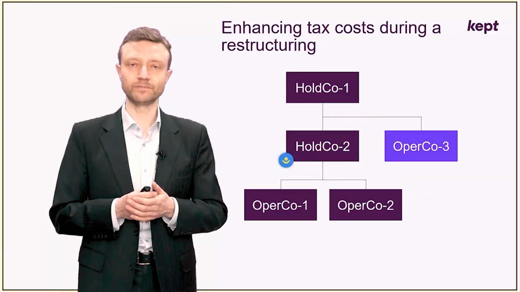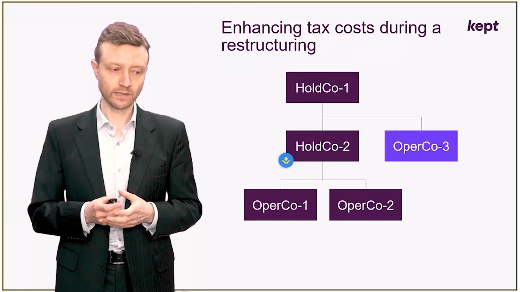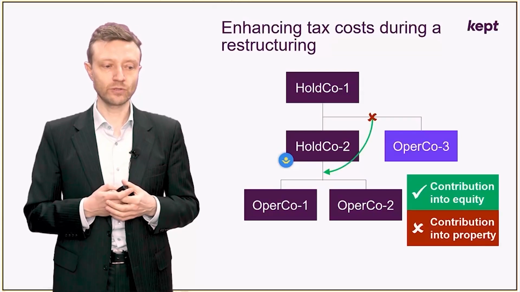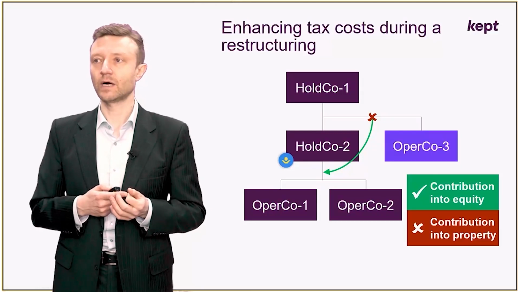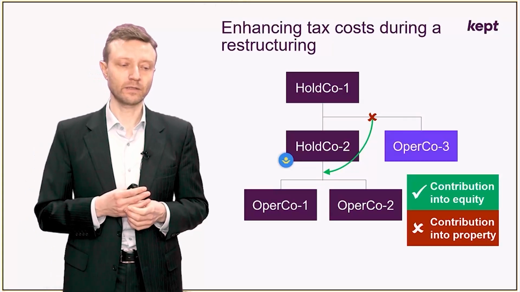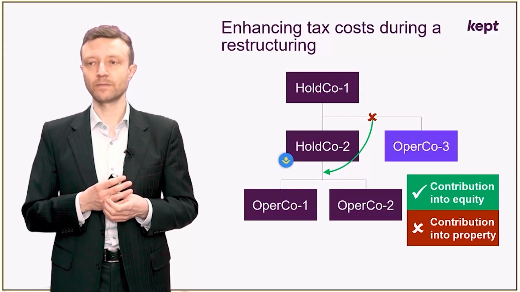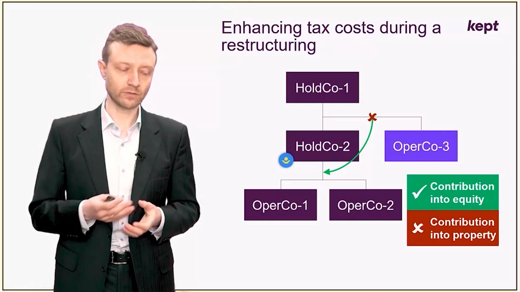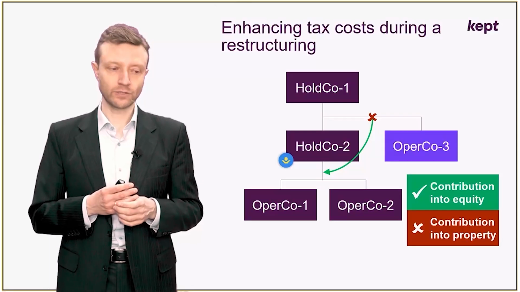into equity. In Kazakhstan, if holding company 2 was in Kazakhstan, and this is the second example, then contribution into equity is also a preferred mechanism because, although unlike in Russia, contribution into property doesn't lead to losing the cost basis of the asset, unfortunately such contributions are not tax neutral.